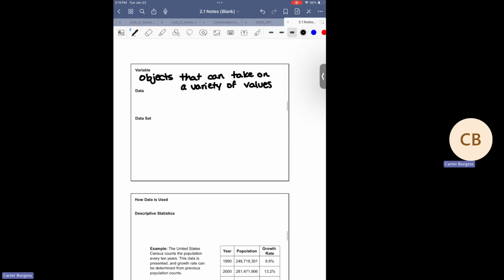Data, which again, we have a pretty intuitive understanding of what we're talking about. But again, these are essentially the variables that we are going to be studying, or maybe the measurements on a particular variable. I think that's a pretty good way to define it.